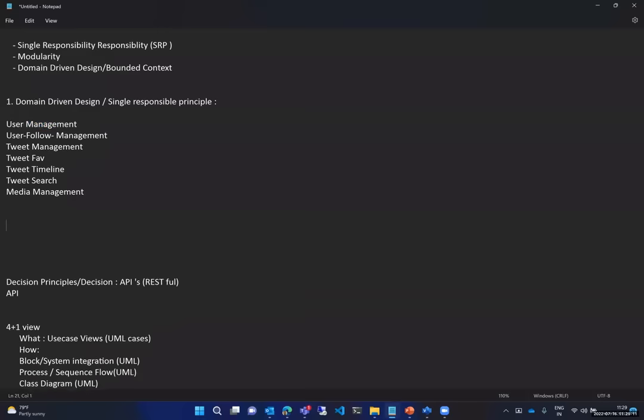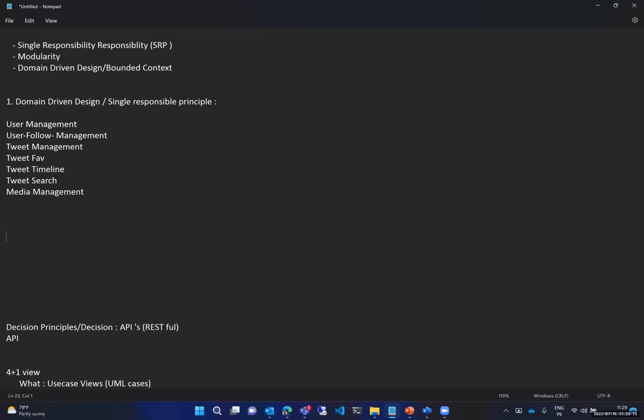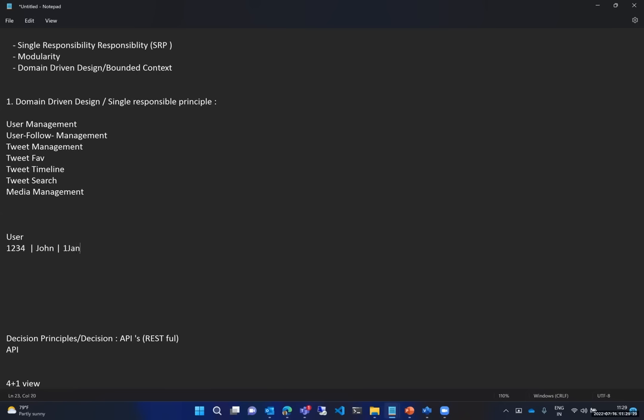Hope you're following. Stop me if I'm going fast, or if you have any questions. Let's say this is a user table. The user ID is 1234 and his name is John, and he registered on Twitter on, say, the 1st of Jan 2022. This is the information I have about the user. Now I'll have a tweet table.